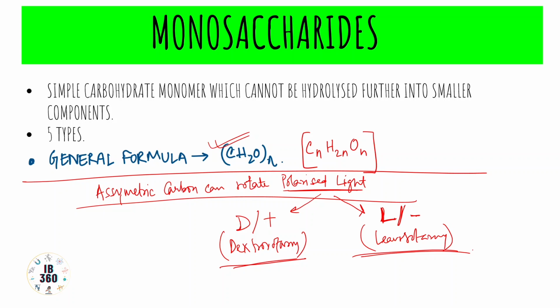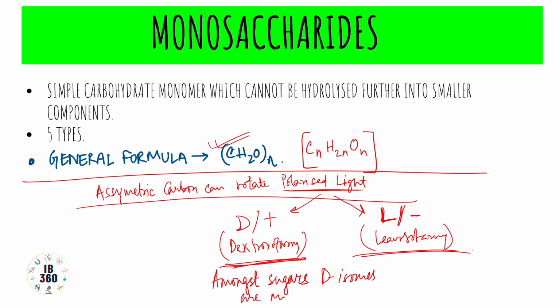These all are isomers, that means they have the same molecular formula, but their spatial configuration or their spatial arrangement, their geometric configuration, or rather optical configuration, there is difference in those intricate things. Otherwise, their molecular formula overall would be the same. So most amongst sugars, D isomers are more common.